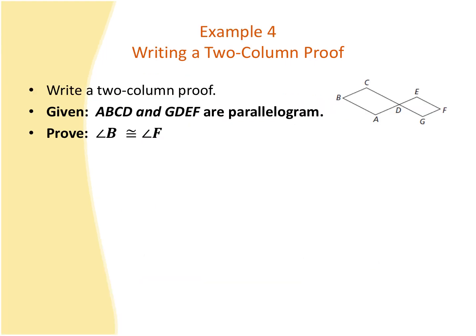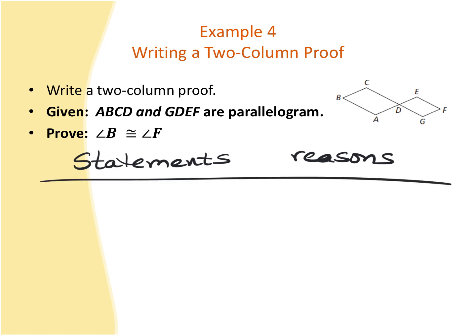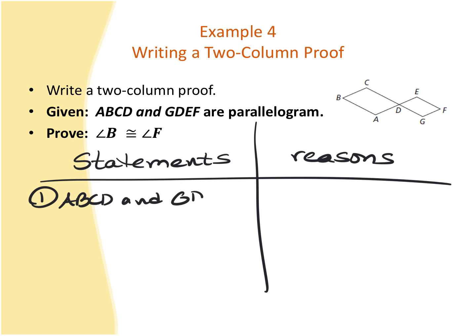Okay, so the next one wants us to write a 2-column proof. So again, statement column and our reasons. State the given that ABCD and GDEF are parallelograms.